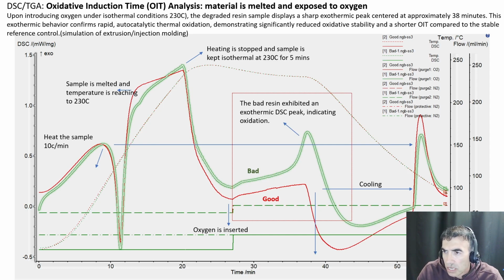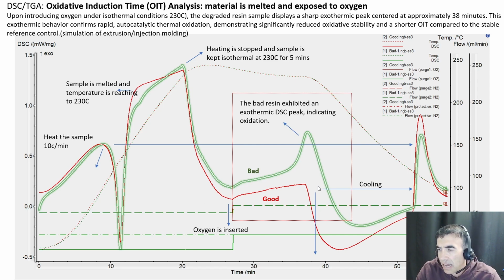We see an exothermic peak because the oxidation reaction is exothermic, and that peak shows that the bad compound doesn't have enough thermal stabilizer inside. That's why it's more prone to oxidation.